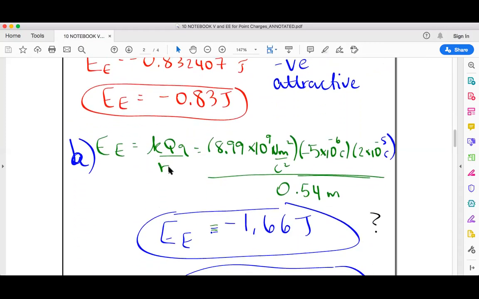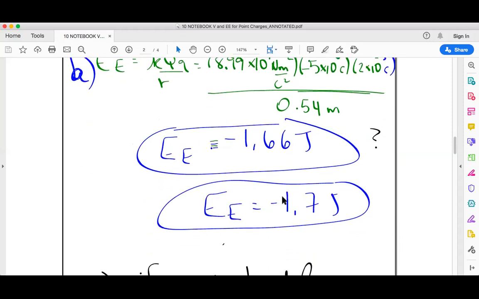If our radius, so if our denominator goes down by 2, so if it's halved, then the value of the fraction is doubled. So we get negative 1.7 joules once you crunch those numbers.